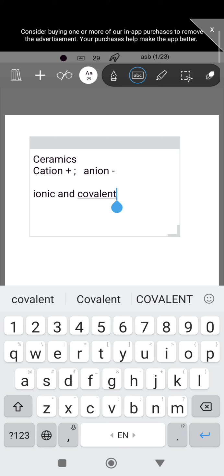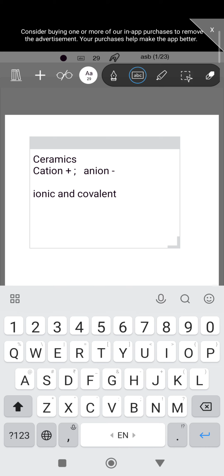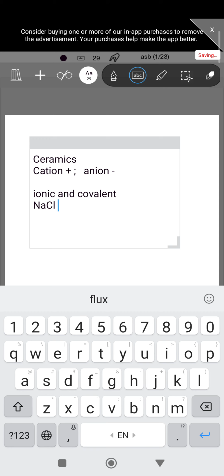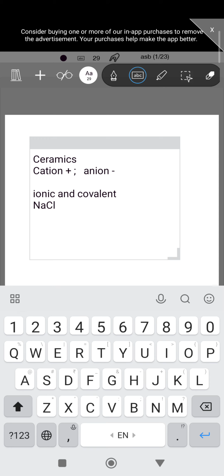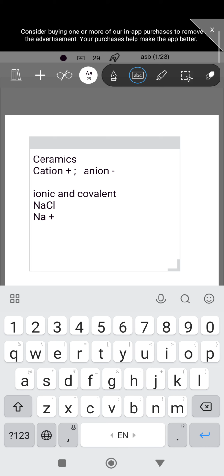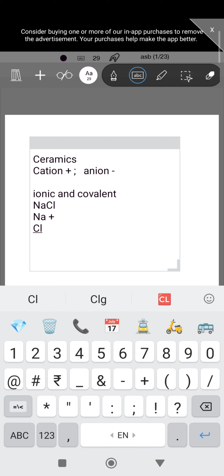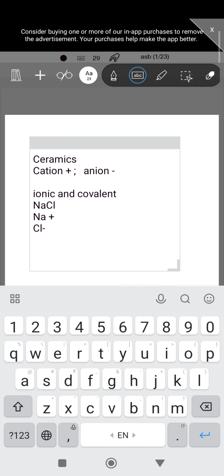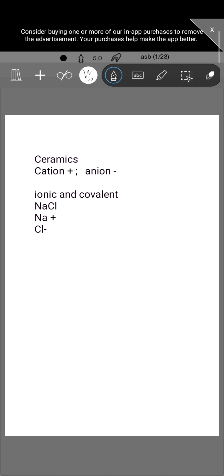Okay. Ionic bond is the bond that is taking place in NaCl, where we have Na plus and Cl minus. There is Coulomb interaction between these two oppositely charged ions. And covalent bond, of course, is a bond which is formed by sharing of electrons.